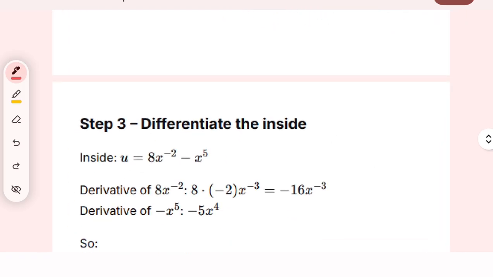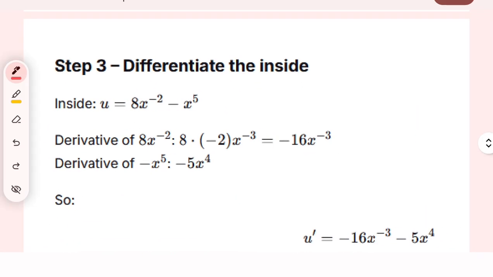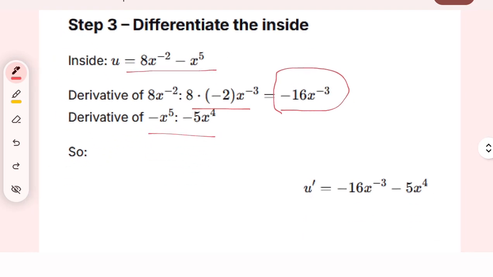Now, what is the derivative of the inside function? We know that that is the inside function. What is the derivative of that function inside? It is negative 2x to the negative 3, or negative 16 times x to the negative 3. And then the derivative of negative x to the 5 is minus 5x to the 4th.